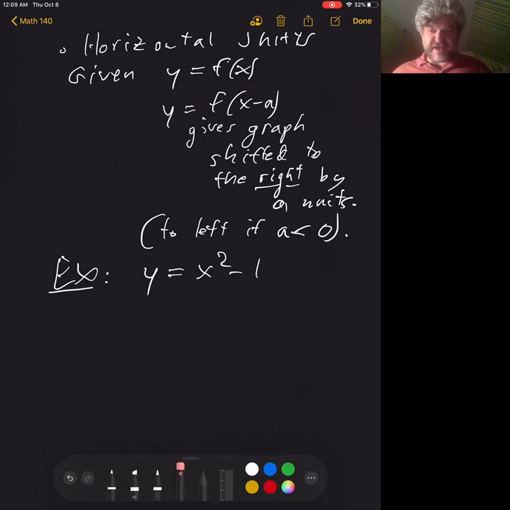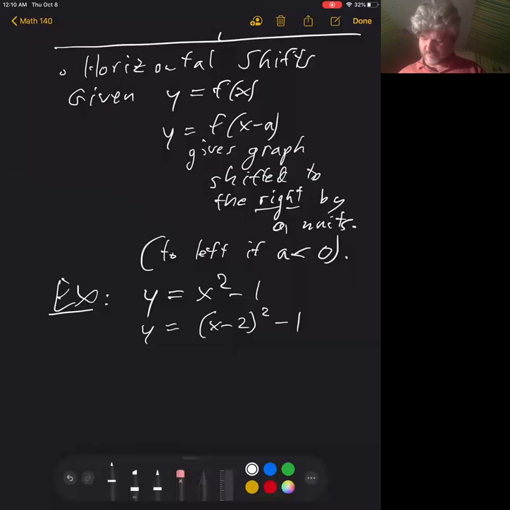We grab every x and replace it by x minus 2. Notice how I put parentheses around that x minus 2, so the squaring hits the entire quantity x minus 2, and not just x minus 2 squared. That would obviously be something quite different and also wrong.